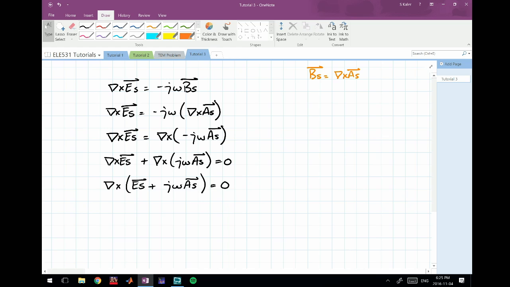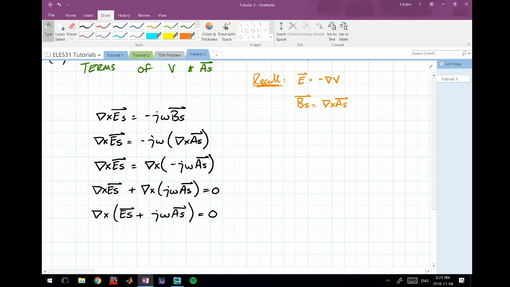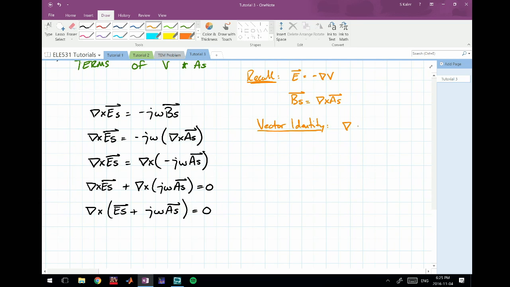Now that part requires knowledge of another vector identity. So I'll write vector identity. Essentially what this vector identity says is that if I take the curl of the gradient of some field, this equals 0.